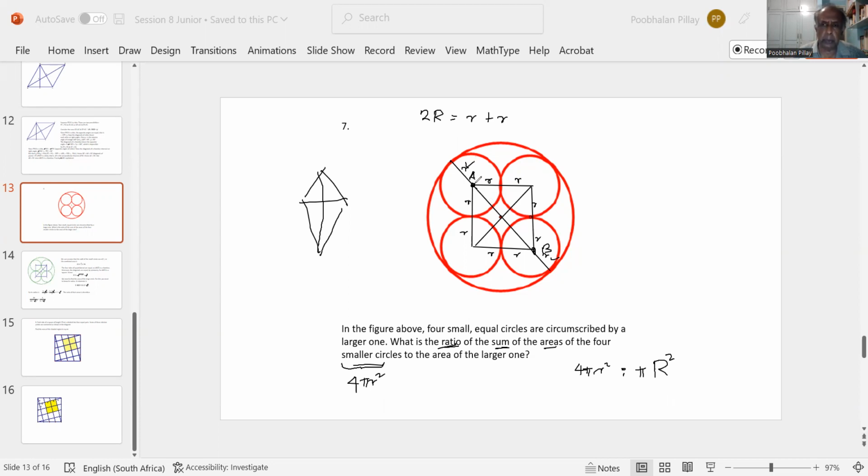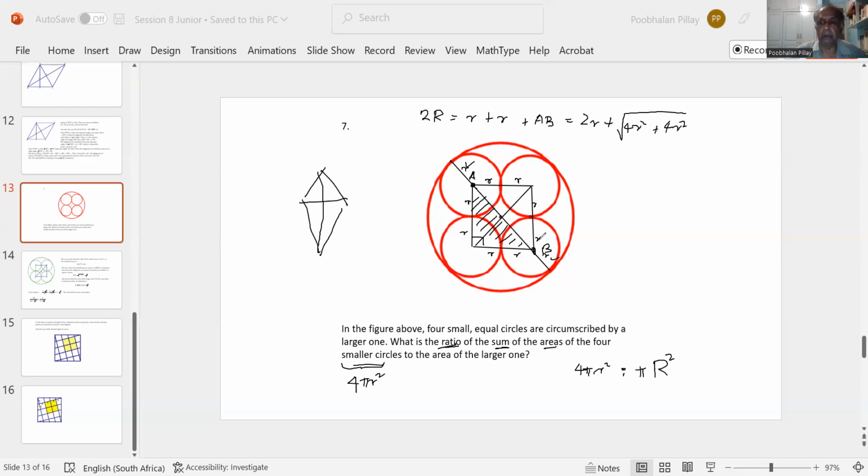This is a distance between two centers. But if you look carefully, you'll see that it's actually the hypotenuse of a right angle triangle. So AB is the hypotenuse of the right angle triangle, so that is the square root of that squared plus that squared. This side is 2r, and if you square 2r you get 4r squared, plus another 4r squared on this side.